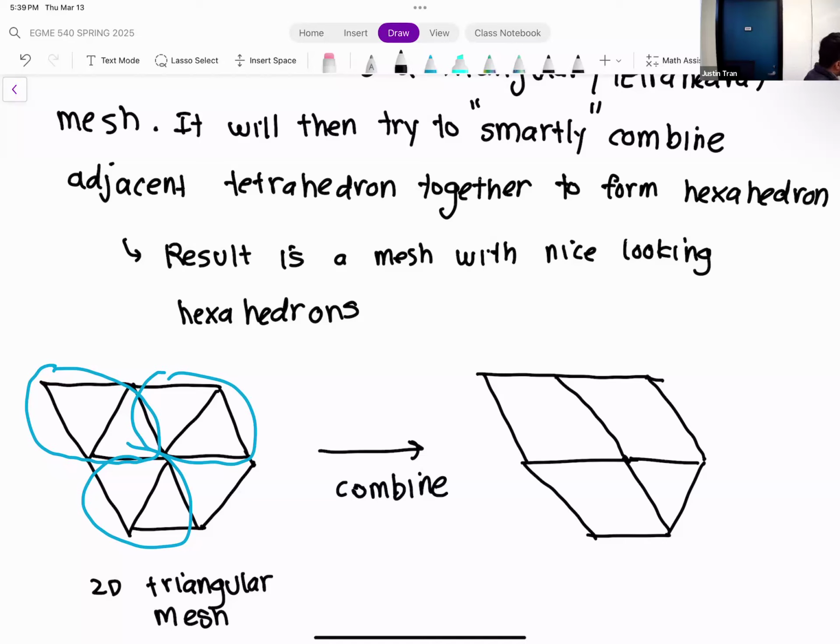Notice that sometimes a triangle or a tetrahedron may not have a partner, and so those mesh elements will still be tetrahedrons or triangles.